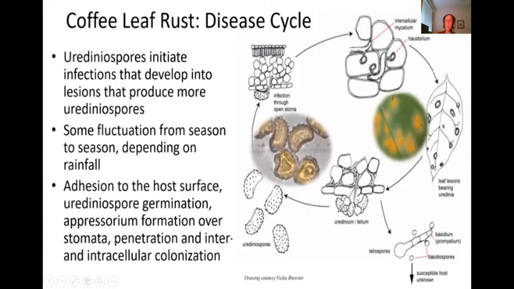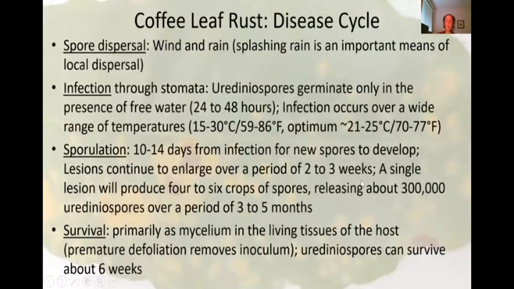The rust goes into stomates and actually grows back out of stomates, producing more spores, which then can continue the disease cycle more than once in a coffee growing season. As far as this disease cycle, spore dispersal mainly occurs by wind for long distance and rain for short distance dispersal.